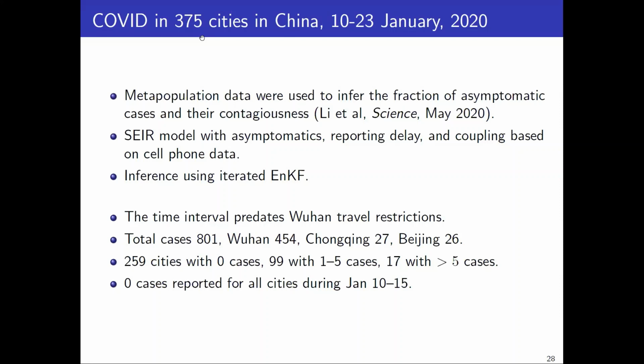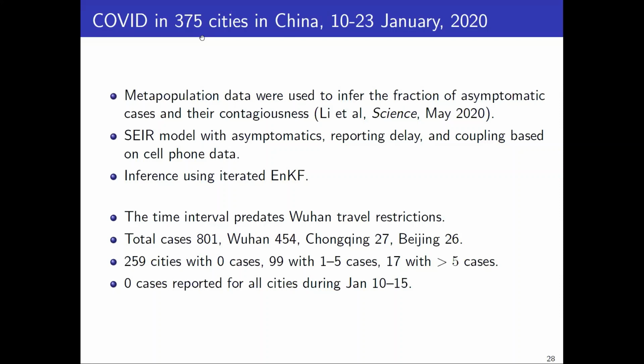One of the best examples of this is a highly cited, influential paper in Science magazine by Li et al., a group from Columbia, which used an iterated ensemble Kalman filter to fit what we would call a SpatPOMP, a spatiotemporal partially observed Markov process.